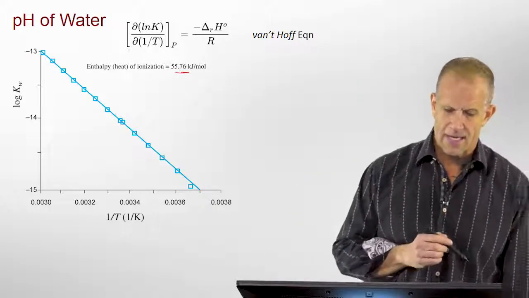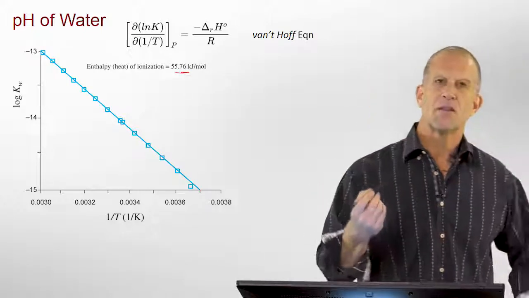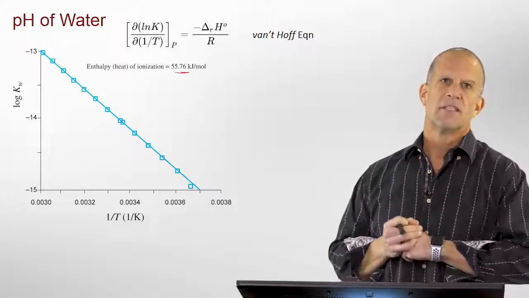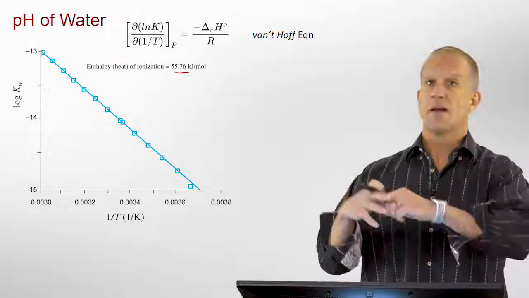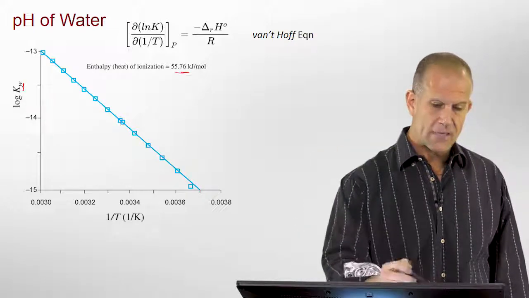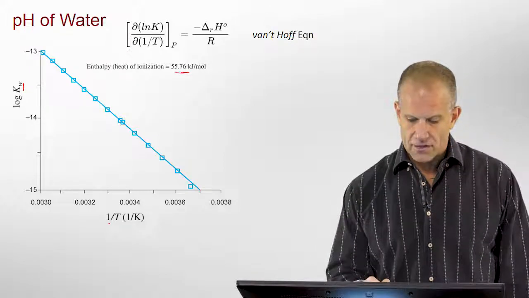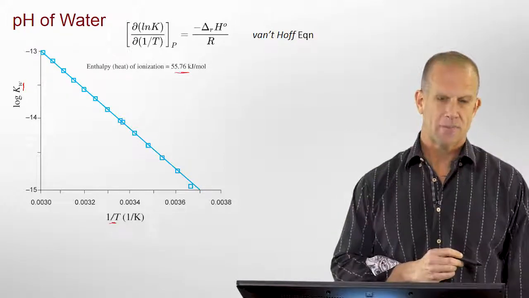And how is this obtained experimentally? Well, it's obtained by looking at the concentrations of protons, or H plus, and OH minus, water, right, in other words, the equilibrium constant, as a function of, and we usually plot it as the inverse temperature.